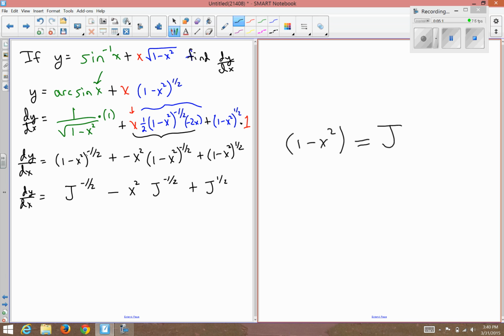Right here is j to the negative 1/2. There's minus x squared j to the negative 1/2 plus j to the 1/2. When I do this, everybody can see that j to the negative 1/2 is in all three terms.